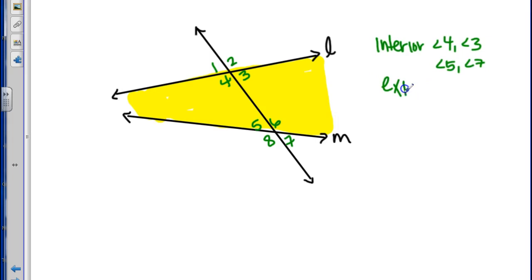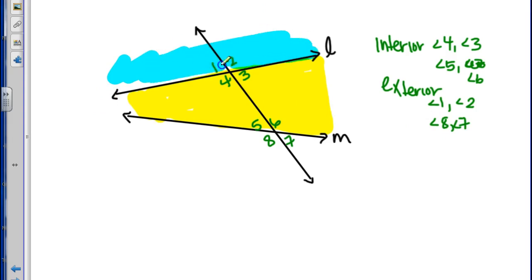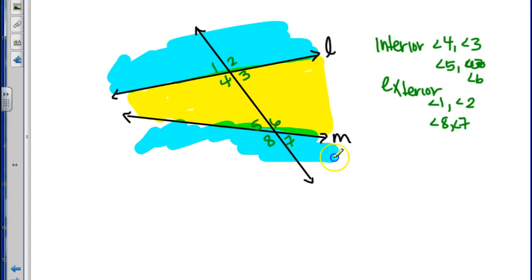And on the exterior, we have angles 1, 2, 8, and 7. Sorry, I said 7 earlier and I totally meant 6. Hopefully you caught that. So exterior, on the outside, I'll shade that a different color. How about blue? It's kind of light blue, but that's okay. Blue and some yellow there. So exterior and interior.